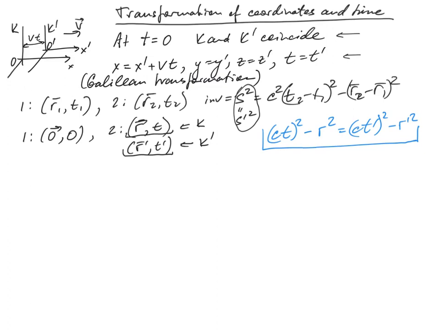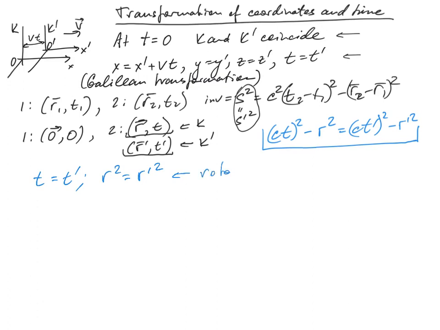Now the set of transformations that leaves the interval invariant obviously includes the transformations where t is unchanged, but the spatial coordinates are subject to a simple rotation in three-dimensional space. This will leave r squared invariant, so r squared is equal to r prime squared.